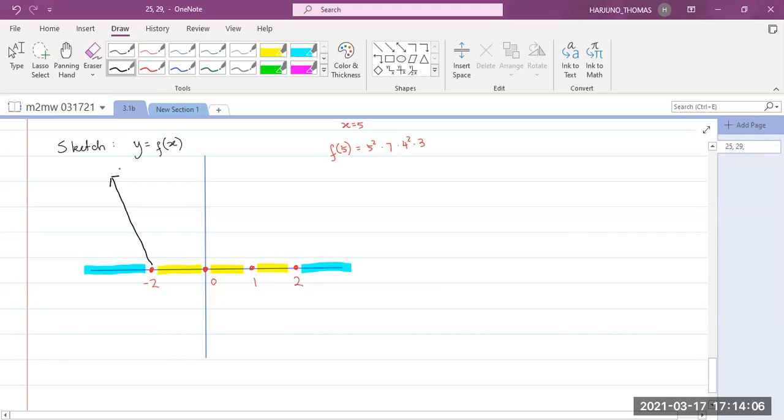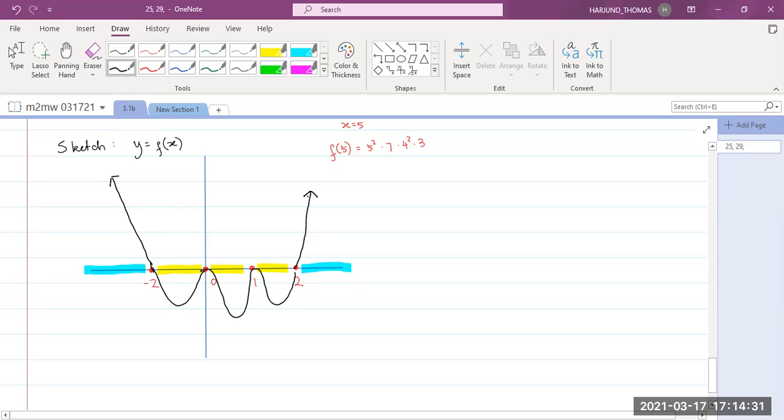Between -2 and 0, it's below the x-axis. However, it goes back to 0. From 0 to 1, it's still below the x-axis, so it's bouncing. Still below the x-axis. To the right of 2, it's above the x-axis. That's the sketch of the graph.